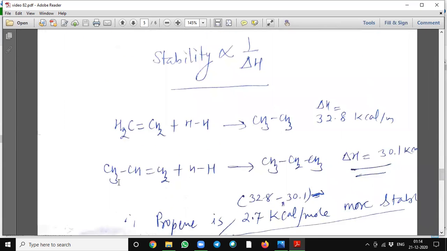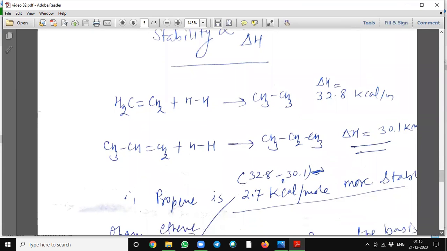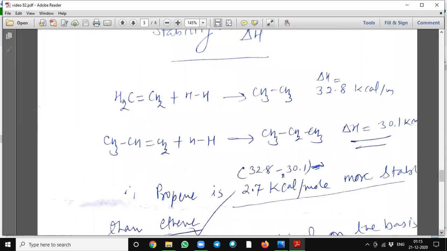We can compare this ethene molecule, whose delta H value is 32.8 kilocalorie per mole, whereas this propene molecule has 30.1 kilocalorie per mole. So the difference is 2.7 kilocalorie per mole. So propene is more stable compared to ethene.